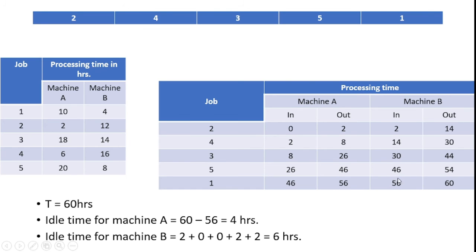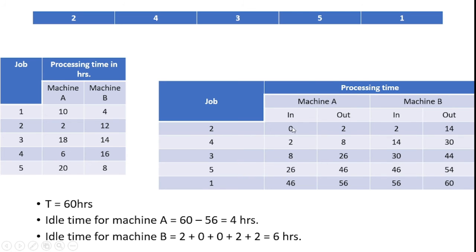So after 56th hour I can load the job 1 on machine B. Job 1 processing time with the machine B is 4, so 56 plus 4 is equal to 60.